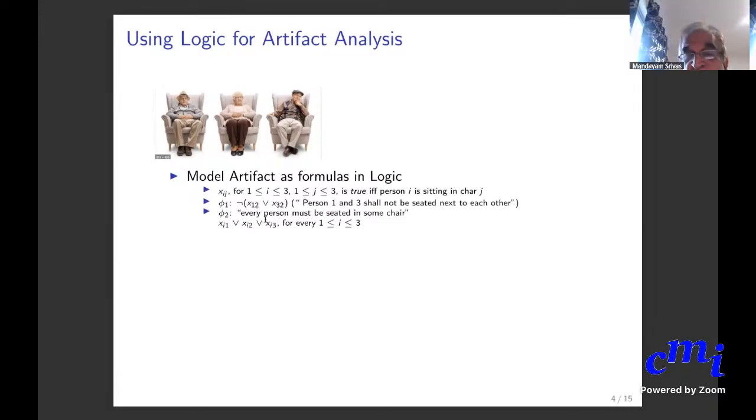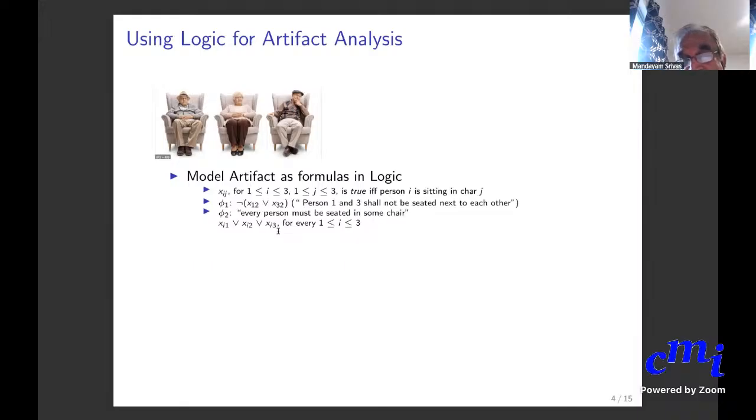Every person must be seated in some chair. That can be modeled as: for every i, at least one of the xij has to be true, correct?